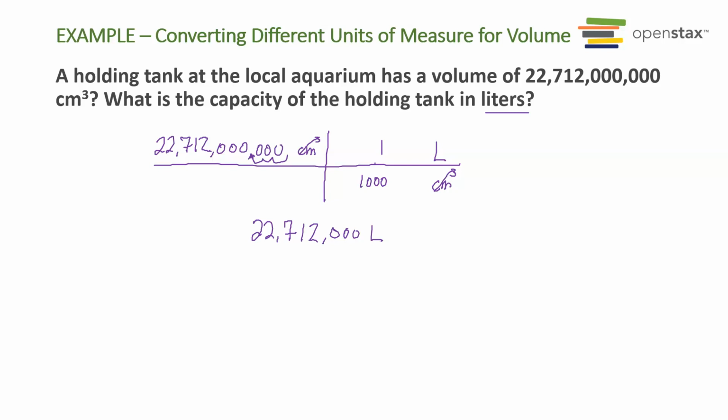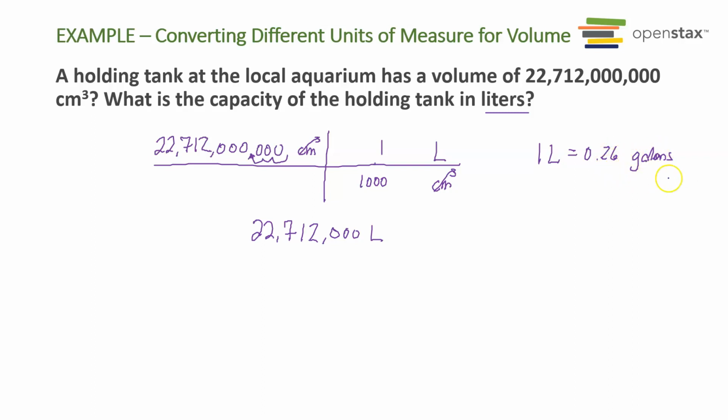Just to give you an idea, 1 liter, we haven't really talked about this, is about 0.26 gallons. So a liter is about 1/4 of a gallon.